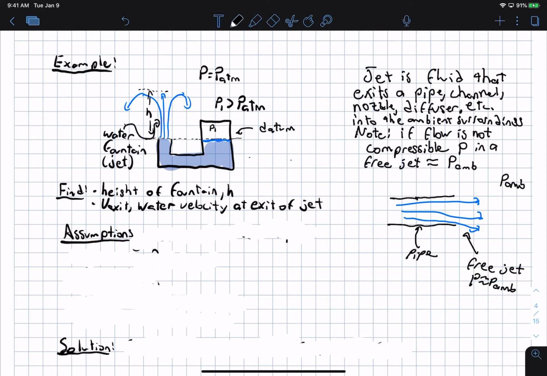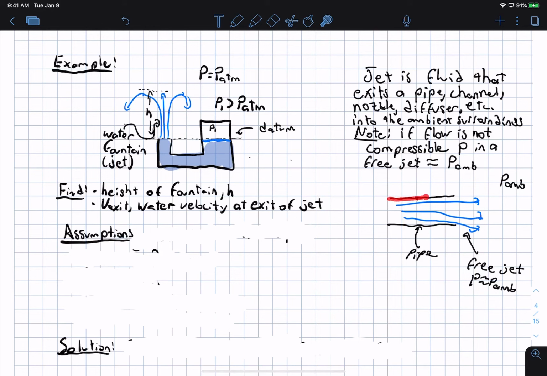And I will note that if the flow is incompressible, that is, the density is constant, or there's a very small change in the density, the pressure in a free jet is approximately equal to the ambient pressure outside of the free jet.